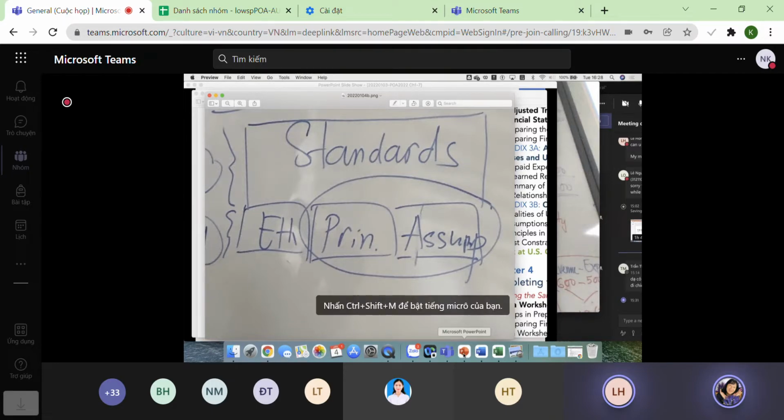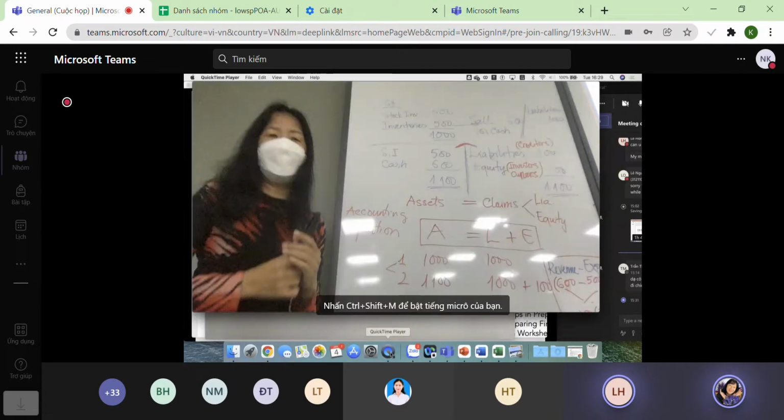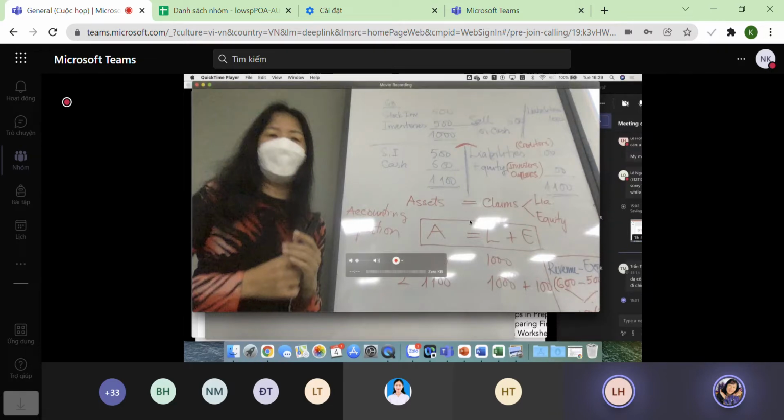And when we expand the equation here, we have the other elements of financial statements, meaning revenues and expenses, right?